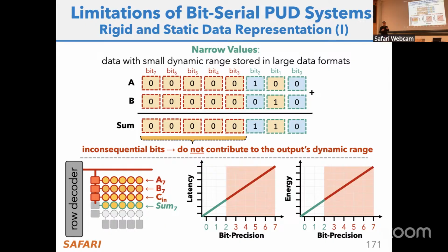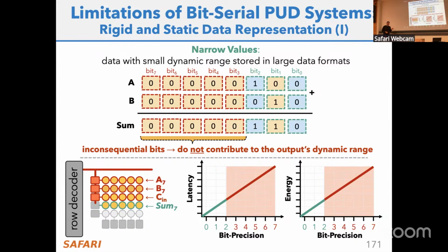So to guarantee correctness, you need to go through each one of those bits in that bit serial activation mode that I mentioned earlier. But they generate latency and energy waste for your bit serial system.